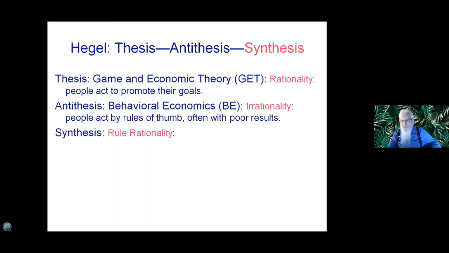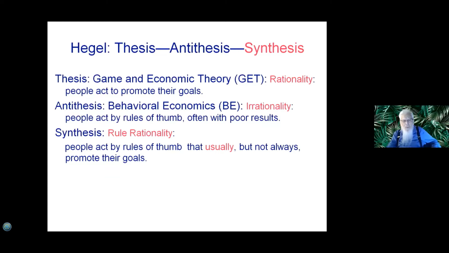And I'm going to propose today a synthesis, which I call rule rationality, that people act by rules of thumb, but these rules are rational, usually, not always. They usually promote people's goals, okay? That's the synthesis that I'm going to propose today.